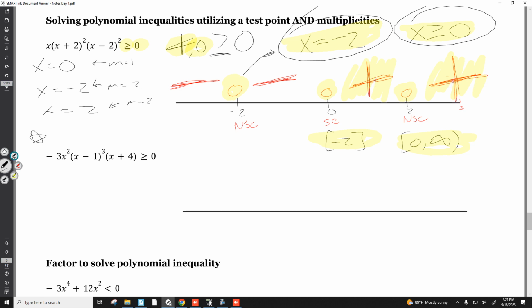Squaring things, always positive. No sign change when we square things. They stay positive. Think of it that way. Even, no sign change. Always think of squaring to the fourth power. Anything to an even power will always be positive. If your multiplicity is even, you are not changing your sign.